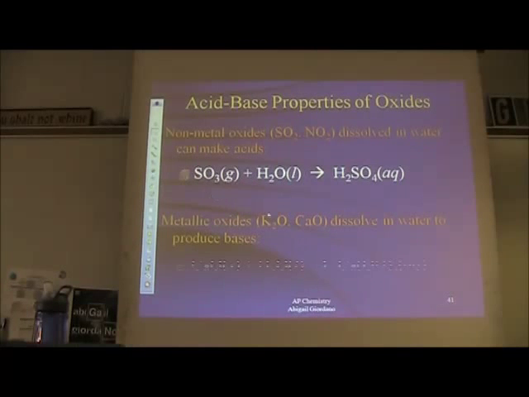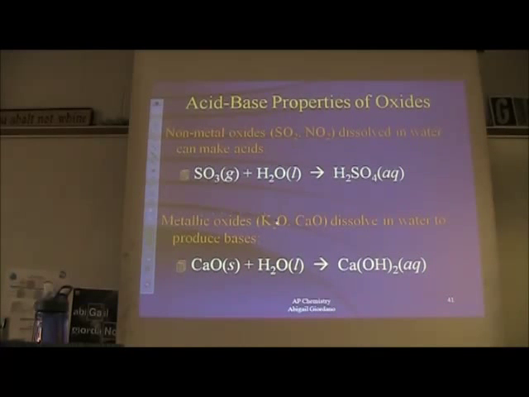This is how bases are formed. It's not that different. Instead of a non-metal oxide, now it's a metallic oxide added to water, and you get the base. Let's do an example.